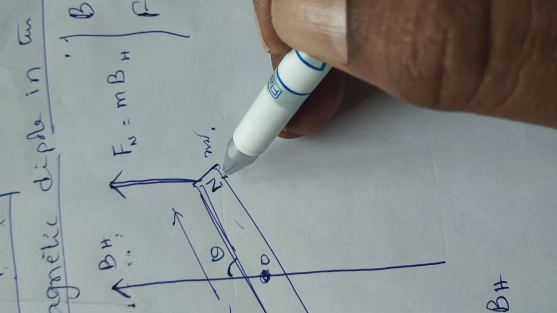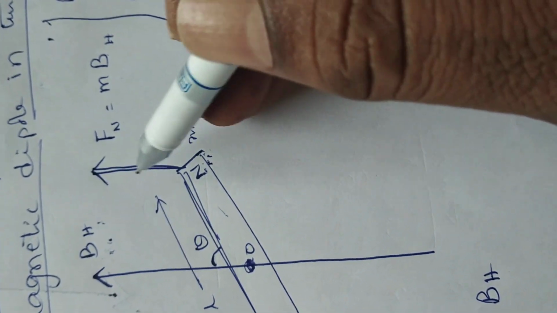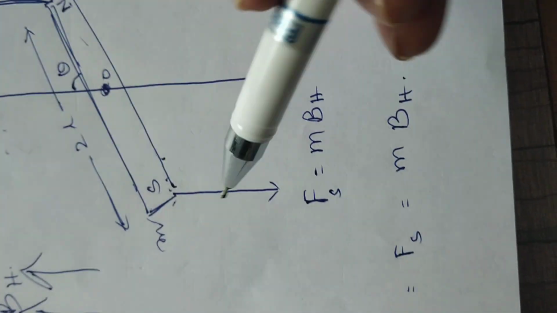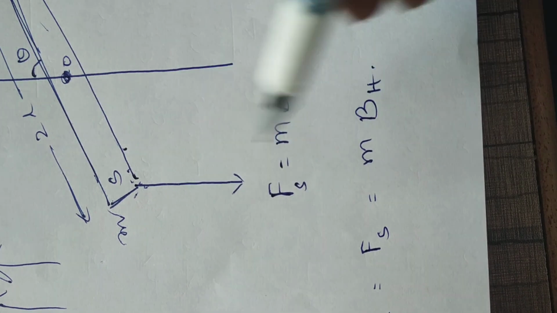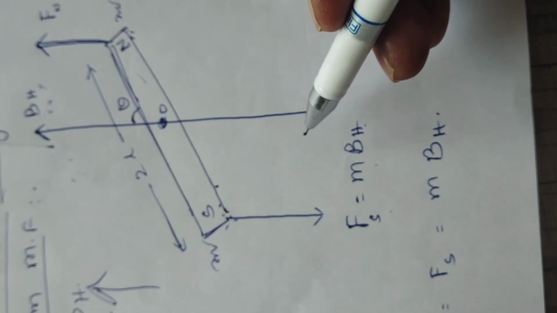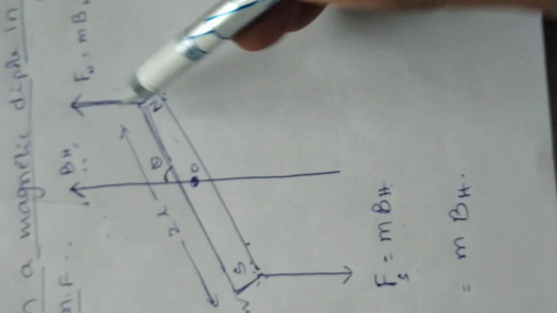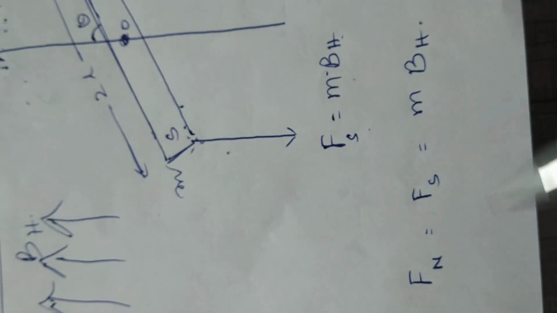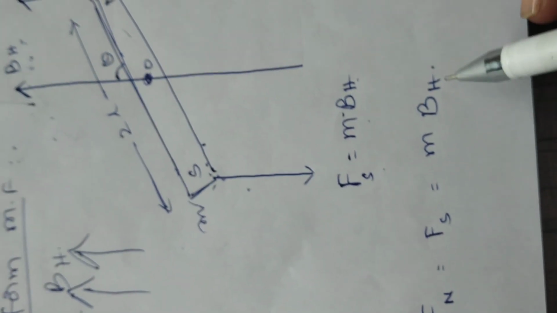Now the force acting on the north pole is always along the direction of the field BH. Similarly, the force acting on the south pole is also Fs is equal to m into BH, which is opposite to the field direction. So these two forces are equal in magnitude, which means Fn is equal to Fs is equal to m into BH.